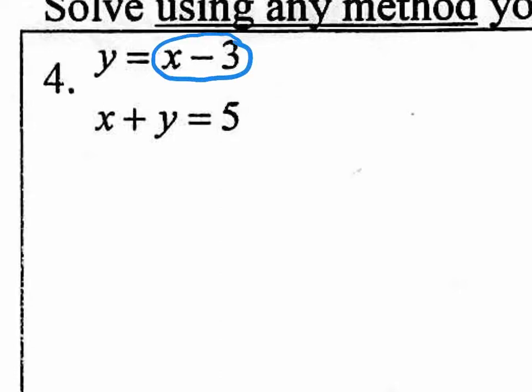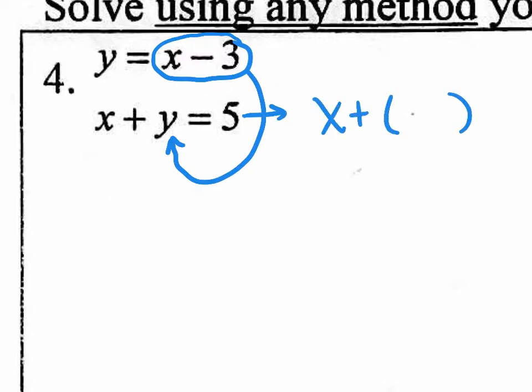The next step is to take that variable expression, that y equals, and plug it into y on the equation you have not used. And then we have a new equation that'll read x plus, but instead of y, I'm going to put the x minus 3 from above. And of course, it's still equal to 5. So let's distribute. Actually, there is nothing to distribute. There's a plus sign.